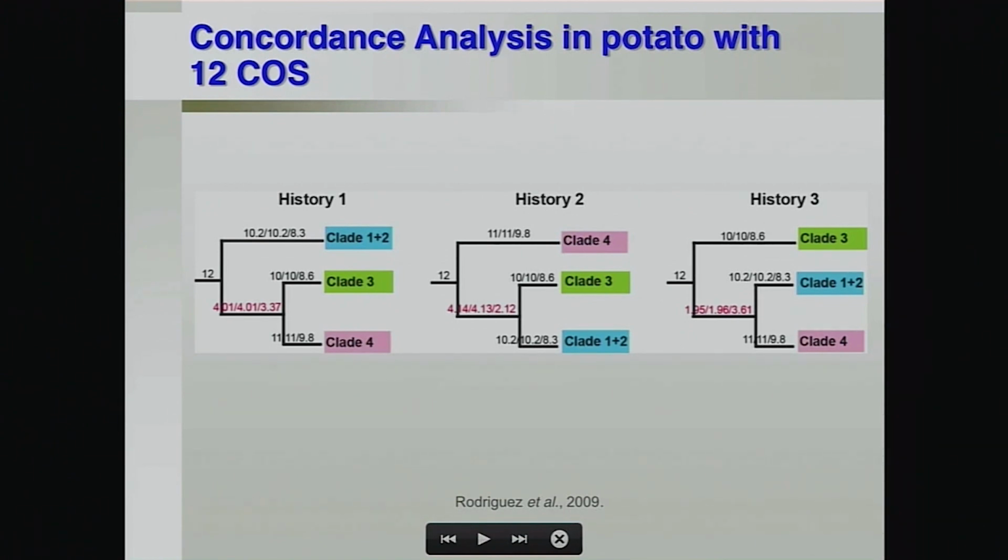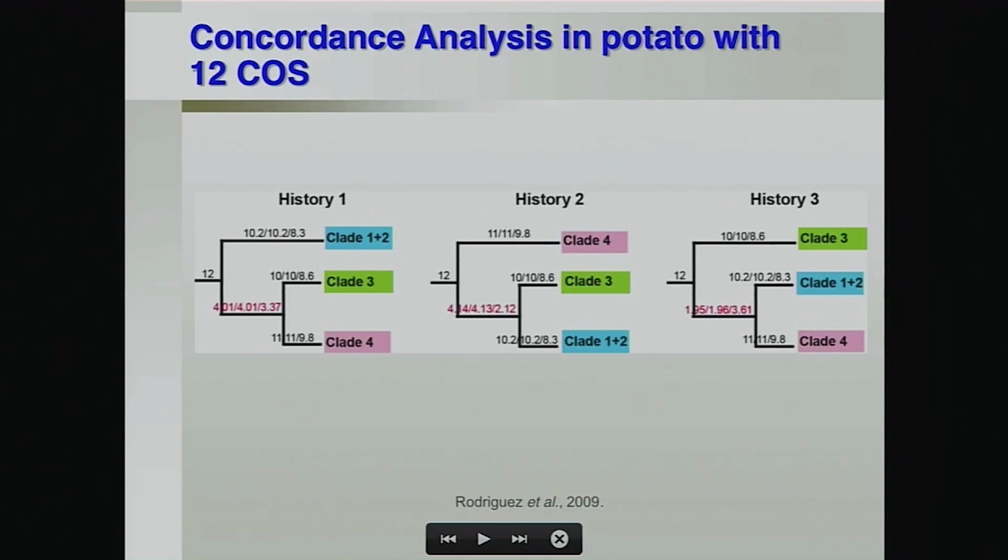If you see, the position of the species inside of each clade didn't change. The thing that is changing is the arrangement among the 3 main clades. Here, clade 1 plus 2 is sister of those 2. Here, clade 4 is the sister of the others, and here, clade 3 is the sister of the others.